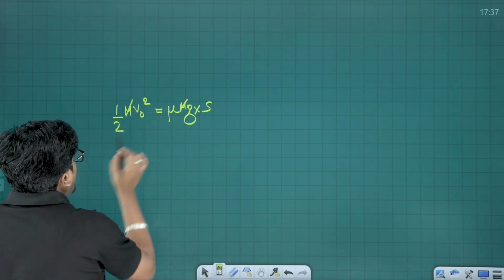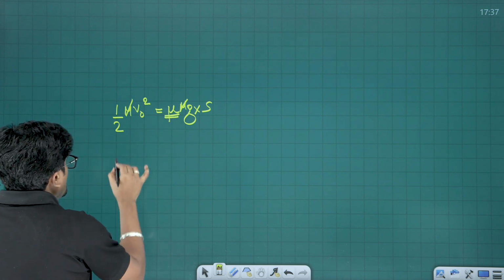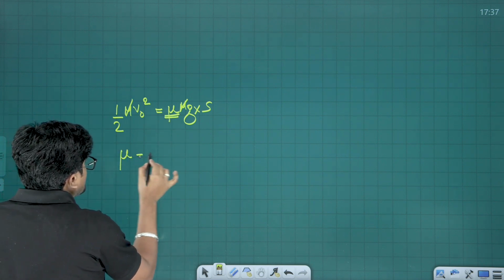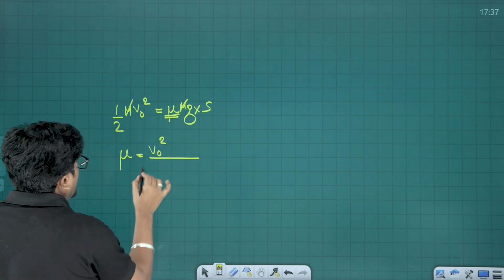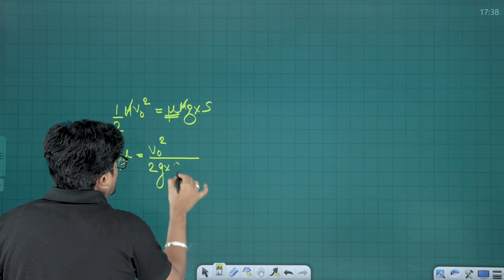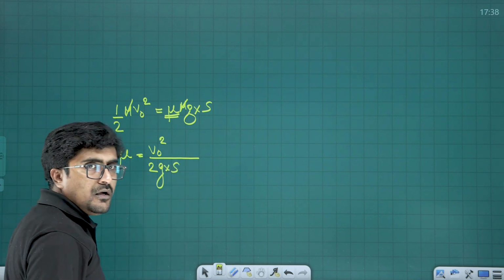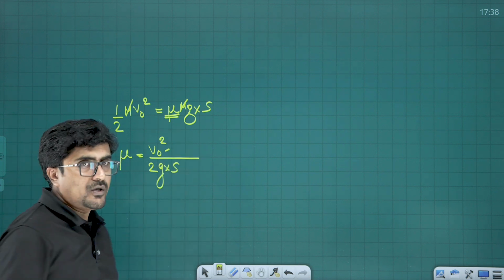Now what we need to know is the value of mu. So mu is now going to be V naught square divided by 2 into G into S, and S is 20 meters, but we don't know the value of V naught.